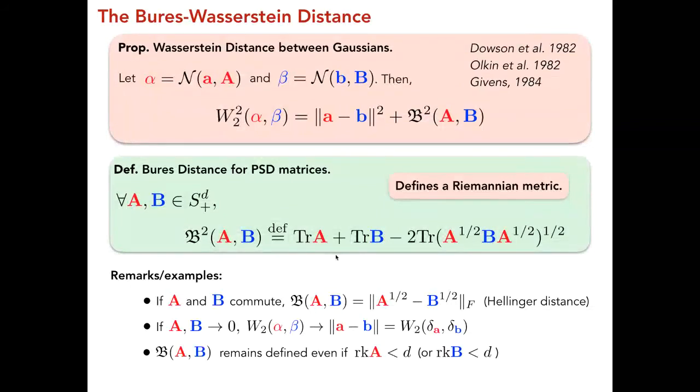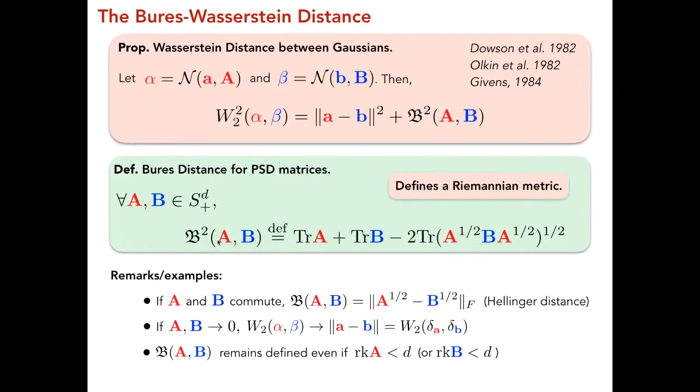First, what we can see is that if A and B commute, so if we take two Gaussians that have the same principal axes, then the Bures distance is just the Frobenius distance between the matrix square roots of the covariance matrices, which is sometimes called the Hellinger distance for matrices or for vectors.